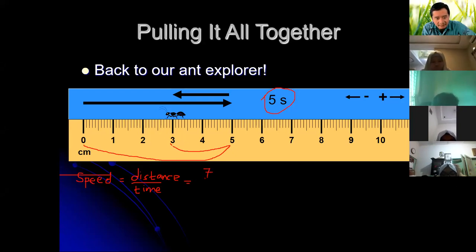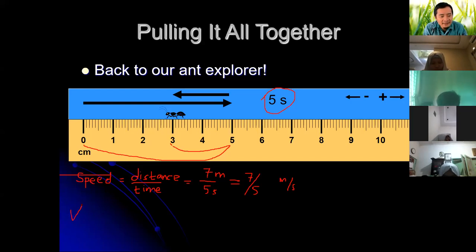And then the time is 5 seconds. Equal to 7 per 5. We can write it like this. Okay, thank you.